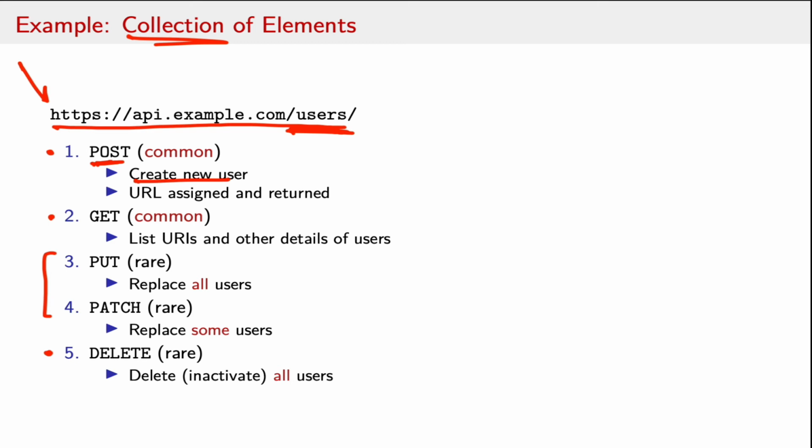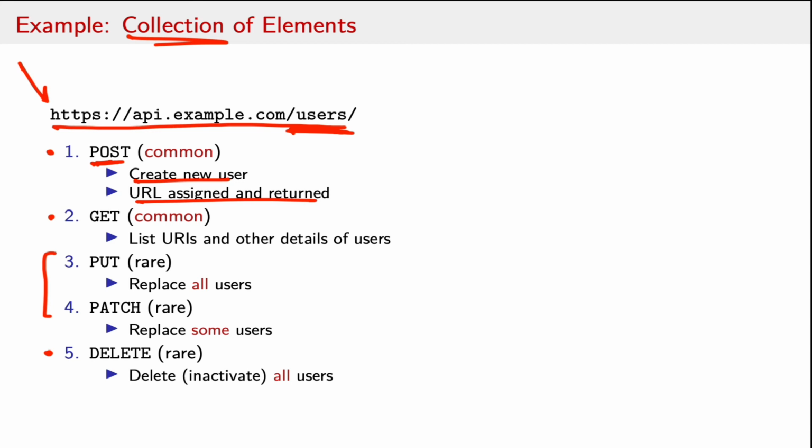The request is for a POST. I'm going to create a new user of some kind. And in addition to the request saying this is a POST, there's also going to be some additional information sent along the way from the user interface that says, here's the details of the user that we're going to create. So the server side is going to create a new user and return information about that user back to the client.